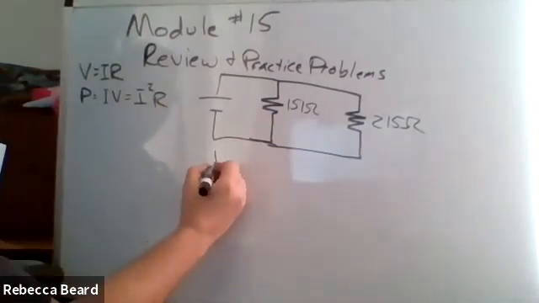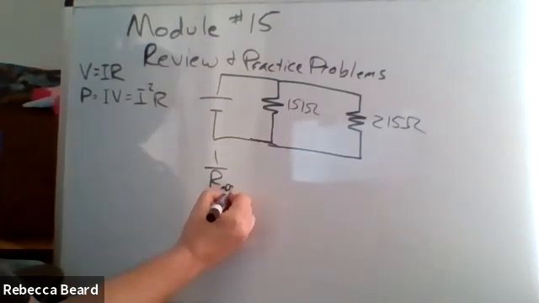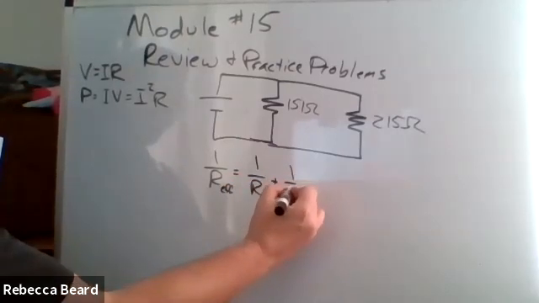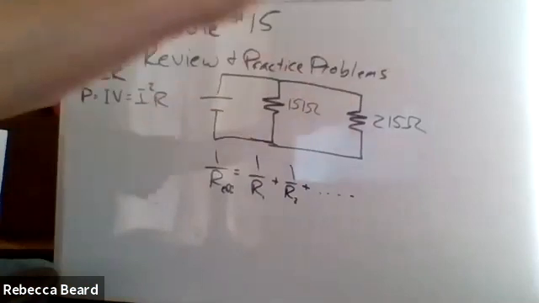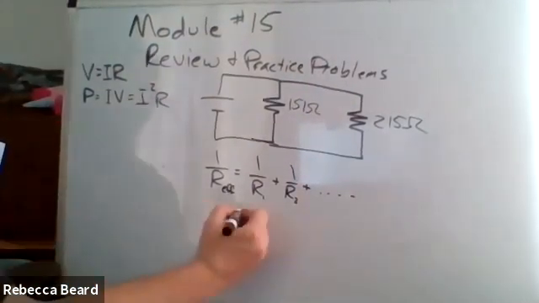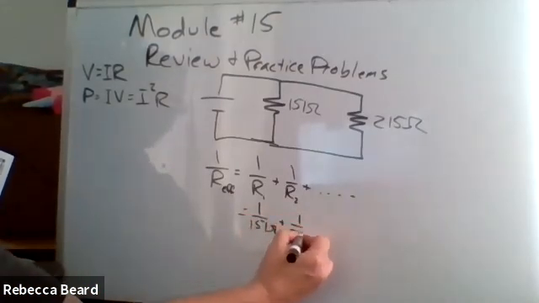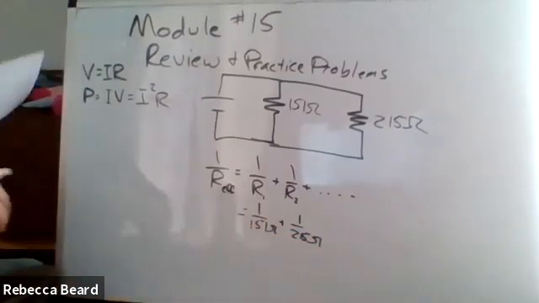So for the effective resistance in a parallel circuit, remember the effective resistance, R_eff, is equal to 1 over R1 plus 1 over R2 plus 1 over R3, and so on. So to do this one, we're going to say this is 1 over 151 ohms plus 1 over 215 ohms is 1 over the effective resistance.